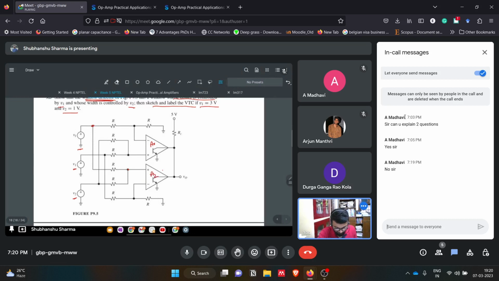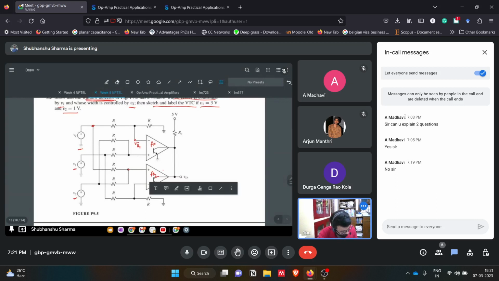We'll say this is Va1 minus, this is Va1 plus, this is Va2 plus, and this one will be Va2 minus. I just named these voltages, the voltages at the terminals of these op amps.